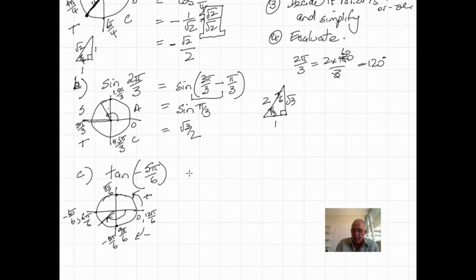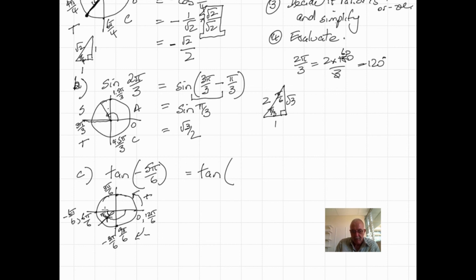That is the same as if you've gone from here all the way around to there. So to get to that one, we're working always off the x-axis. So we've gone 6 pi on 6 plus another pi on 6. Because this is minus 5, this must be pi on 6 in here. This little angle here is pi on 6. Because this is negative 5 pi on 6, and then that's negative 1 pi on 6.